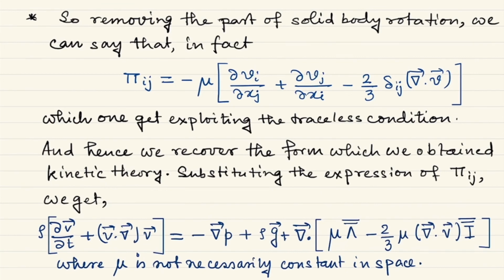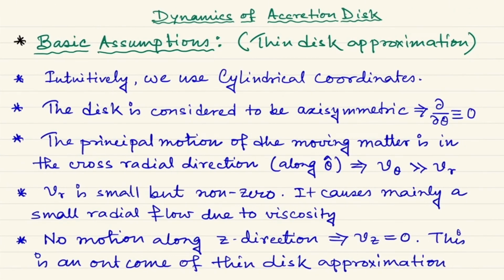So this equation is perfect for studying the momentum evolution for the accretion disks. After that we will again come to the basic assumptions of accretion disks for recapitulation, and then I will address the dynamics of the accretion disk.